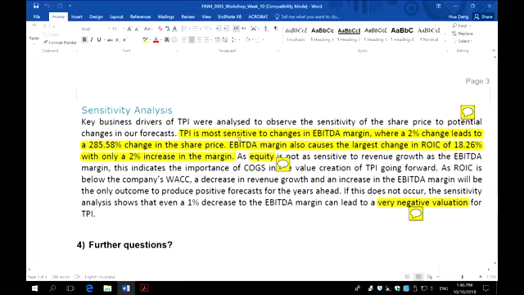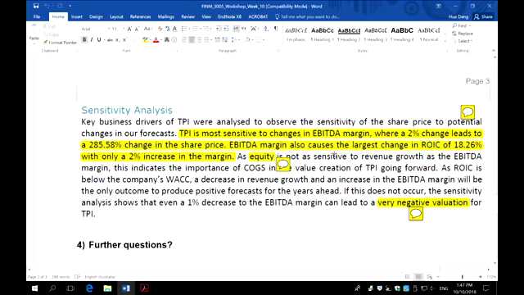TPI is most sensitive to change in EBITDA margin, where a 2% change leads to 285% change in the share price. It's actually a flag that there might be something wrong with the valuation model. And they mistakenly thought this is sensitivity of value to EBITDA margin.